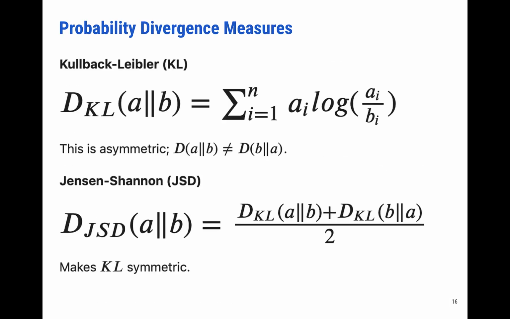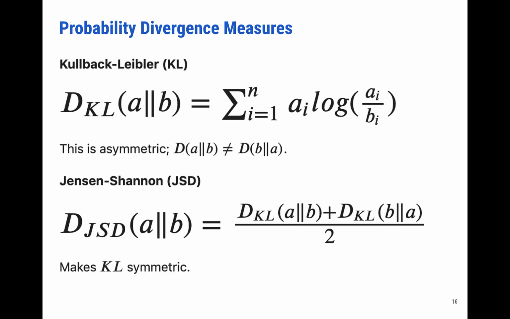The third category of measure is what we'll call the probability divergent set of measures. These are applicable to document term matrices where the values are expressed as probabilities along the vector of interest. There's a term that's been developed called divergence in this field, and this follows from information theory, which we talked about a few modules ago.